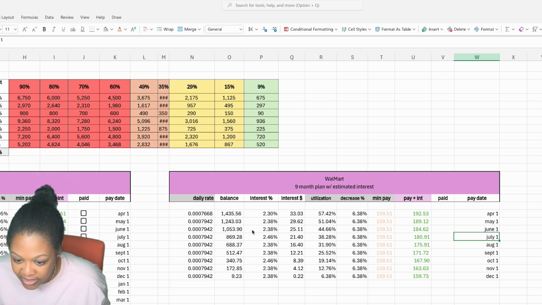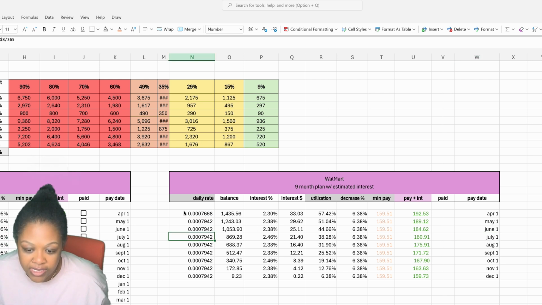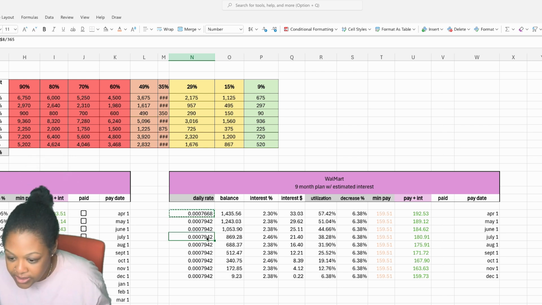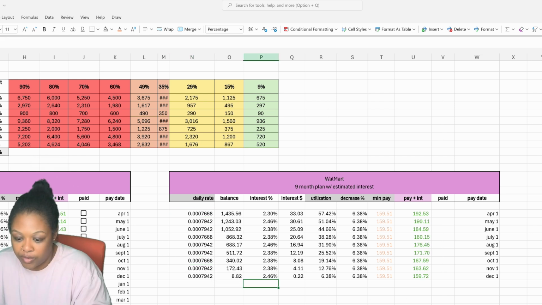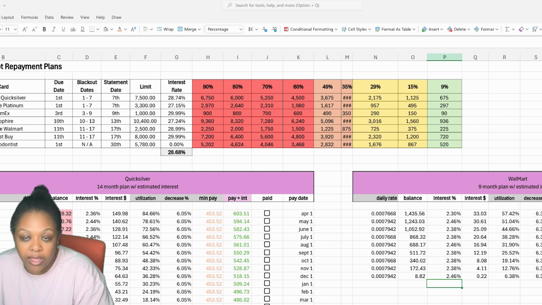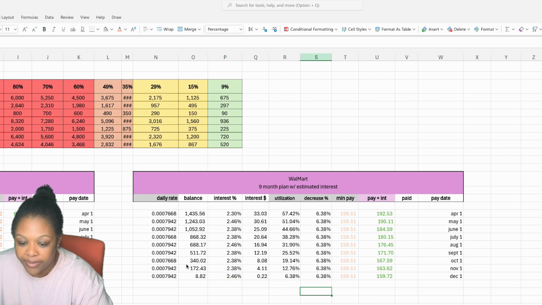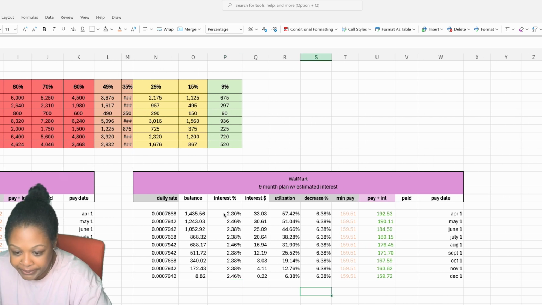And then again in July, so we're going to copy and paste that. We're going to put that in July and then again in October. And then January is not listed. Then I'll adjust the Quicksilver balances as well. But yeah, that looks more like it. So these are the months where it changes.